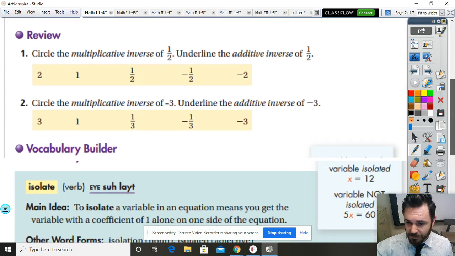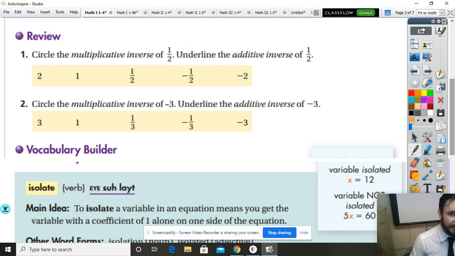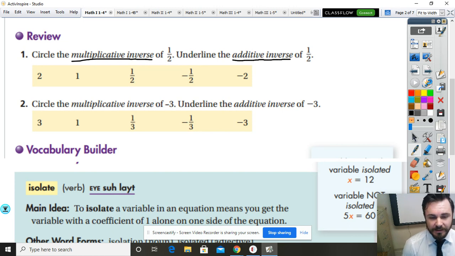This first part, again, this is the beauty of having an online class like this. If you don't know what the multiplicative inverse is, or the additive inverse, which I know you've seen in junior high, and actually you use it all the time, pause the video and look it up.